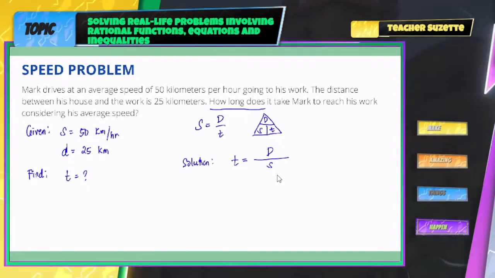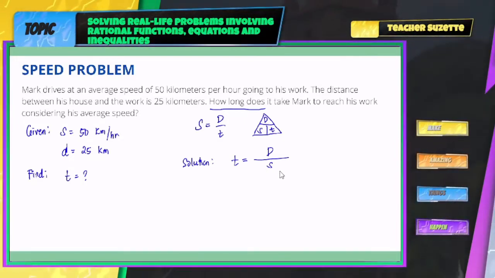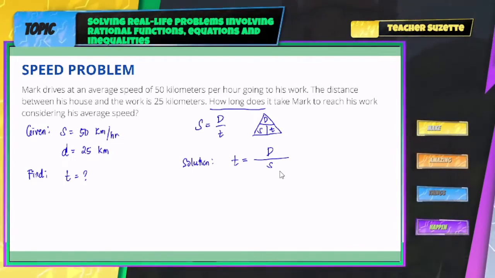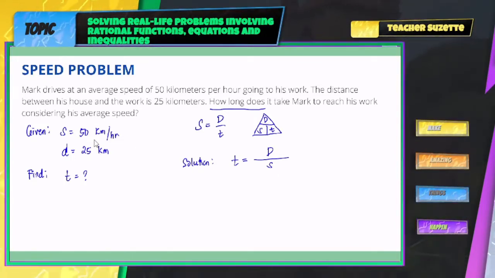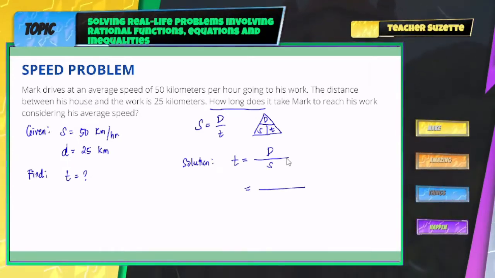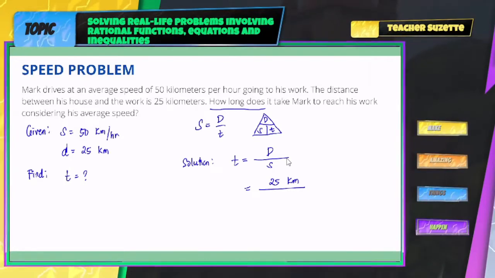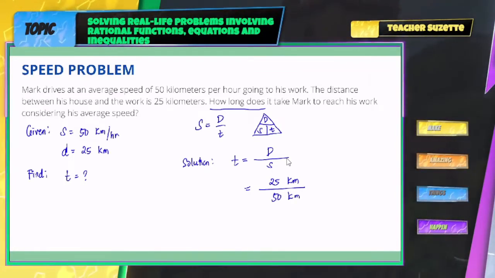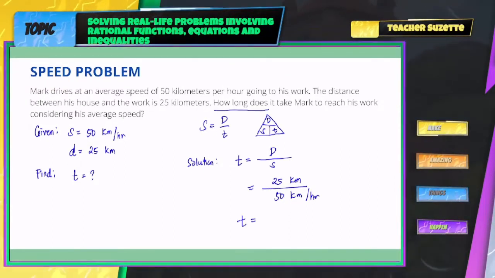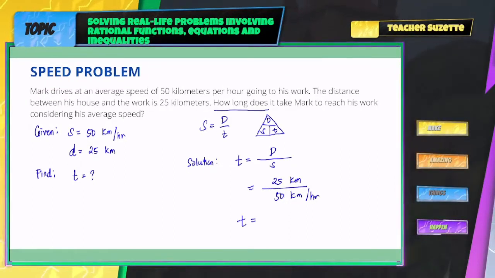If you have the formula for time, it is easy to solve for the unknown variable by substituting the known or given variables. Our distance is 25 km while our speed is 50 km per hour. We have 25 over 50 or 1/2.